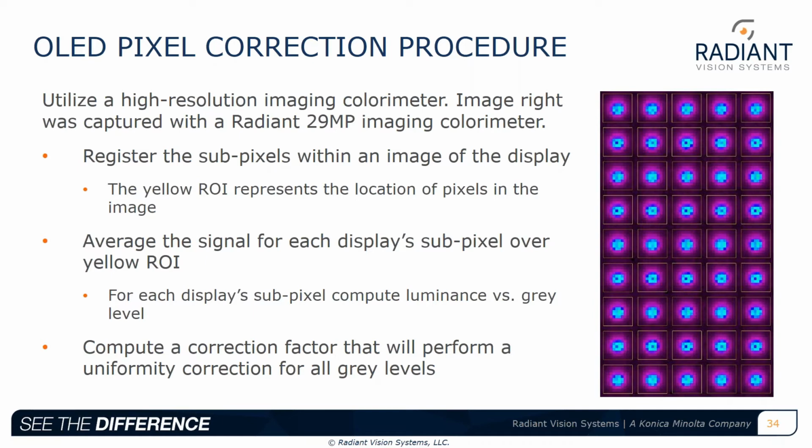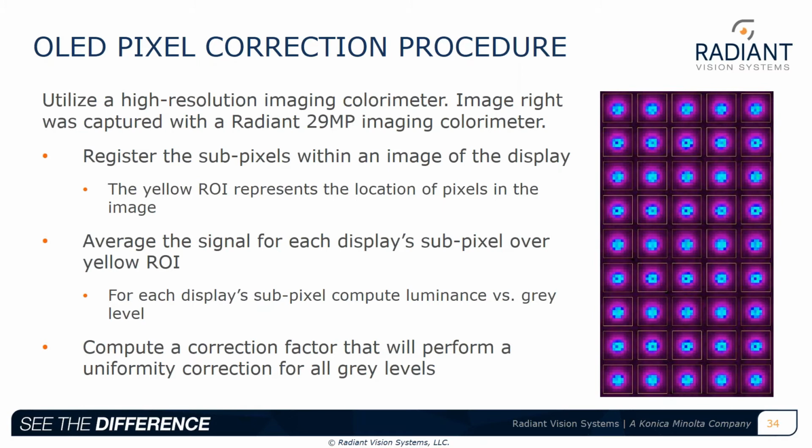The first step, as we had talked about, is to locate the subpixel within an image of the display. Again, the yellow ROI represents the location of the pixel within the display. The next step is we will average the signal over that ROI to compute the luminance and color output of that pixel.